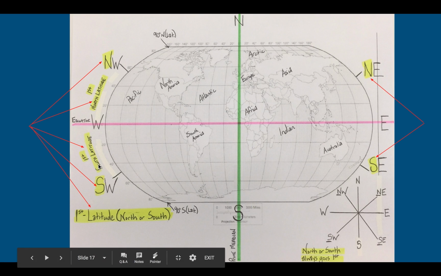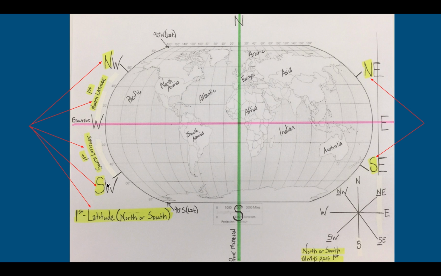From there, right above where you filled in southwest, I need you to write down south latitude. Right above south latitude, please write down first. Then I need you to write down between west and northwest, north latitude, and first right above north latitude.